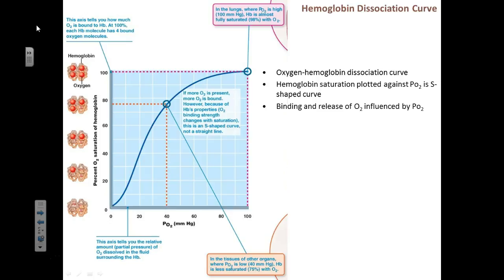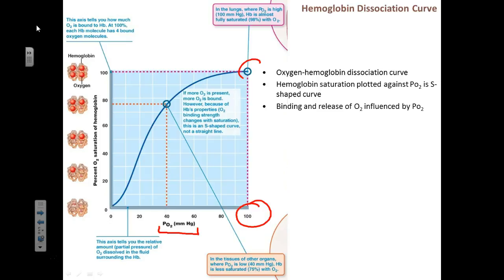So let's look at the hemoglobin dissociation curve in detail. This is the partial pressure of oxygen. Okay? In which part of the body are you going to find this partial pressure? The high concentration of oxygen. Which body organ? The lungs, right.